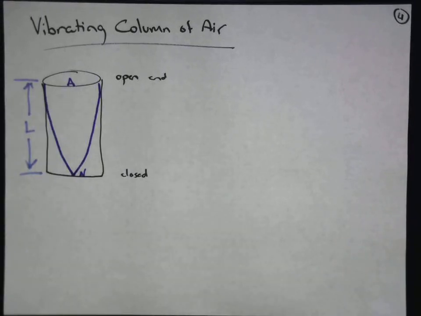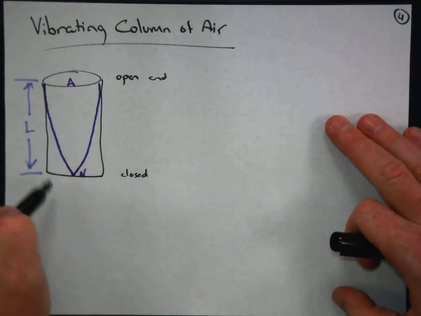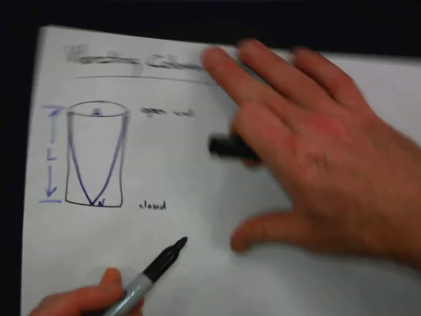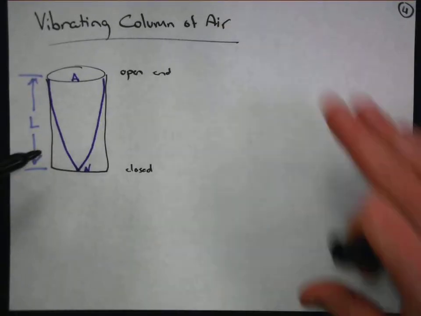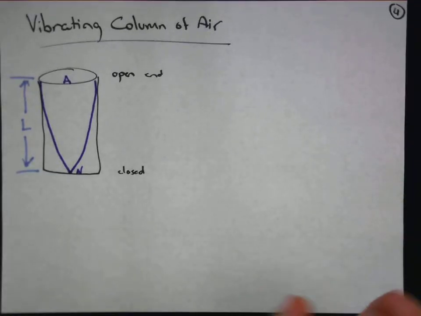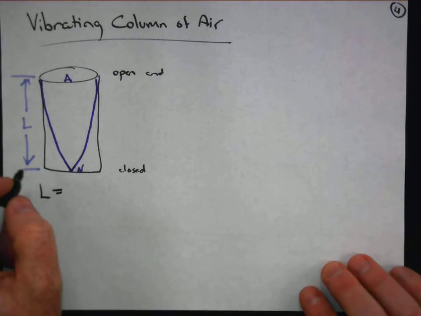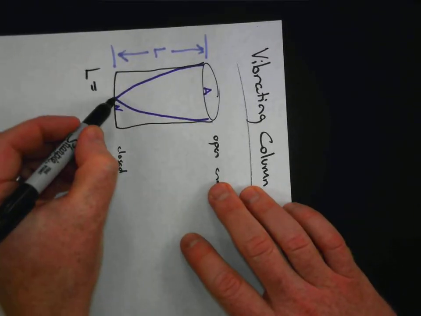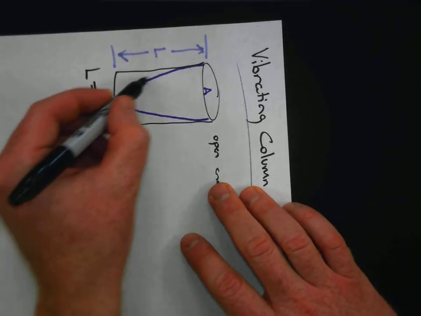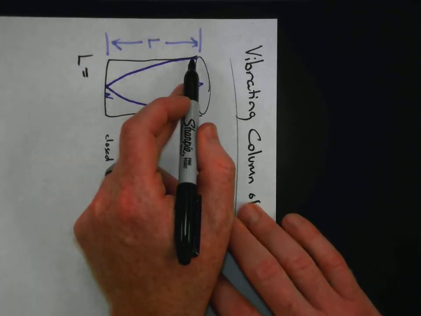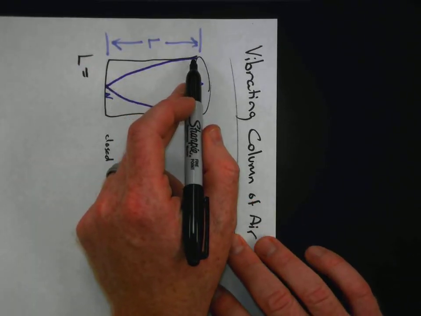Okay, well, check this out. We have a relationship between wavelength, turn this sideways, you see part of a wave, and the length of that column of air, or height if you prefer, doesn't matter. So in this case, this looks like from the center location up to a crest, and so this would be a quarter of a wave.